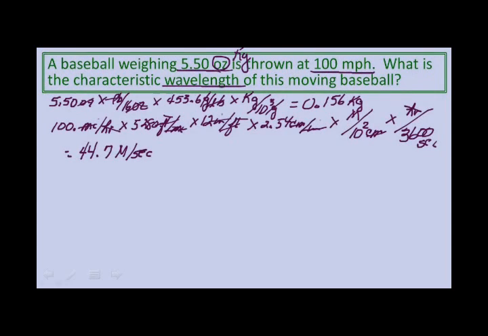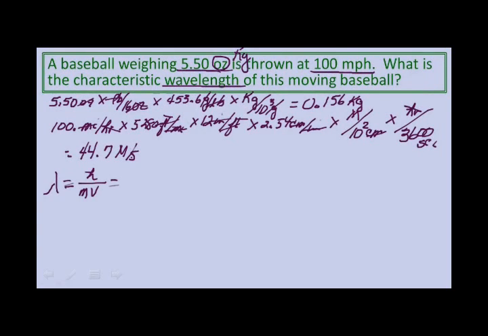Well, why don't we just say s and be done with it for seconds? Yeah, that's much better. Now we've got to convert this. So let's see, what do we know? We've got to get wavelength out of this. Well, lambda, which is wavelength, is equal to Planck's constant over the mass velocity factor.